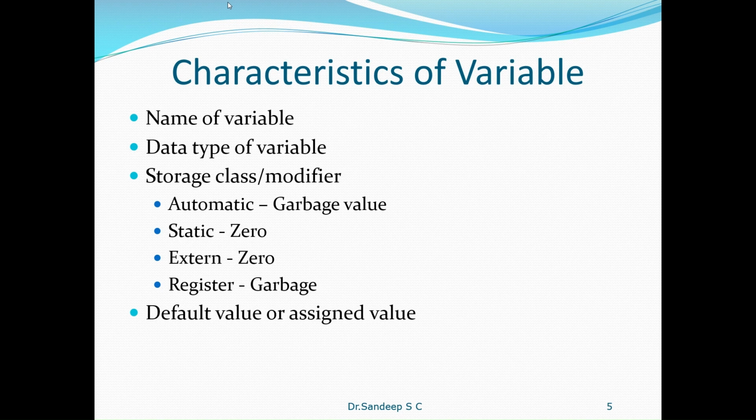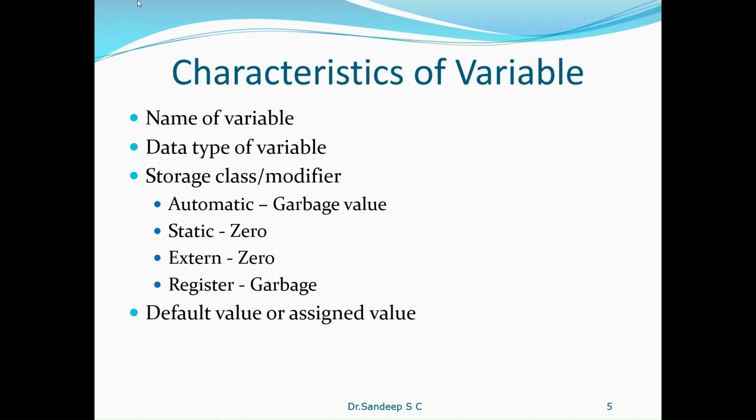Then the variable also has a storage class associated with it. So there are four storage classes: automatic, static, extern, and register. Automatic is the default. Whenever we don't define any storage class, we just write integer and a variable name, int x, for example.